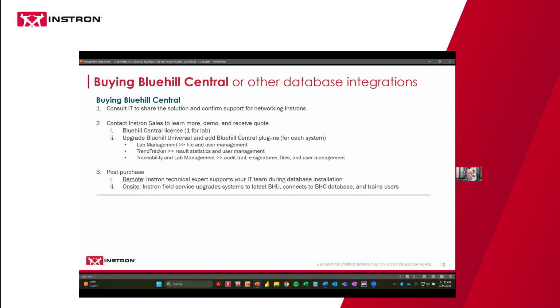If after that conversation internally, you can certainly reach out to our team, and maybe reach out even before that, because we have some good collateral and things to help you have that conversation with your IT group. Certainly reach out to our sales group to learn more, to see what parts of Central make the most sense for your lab.